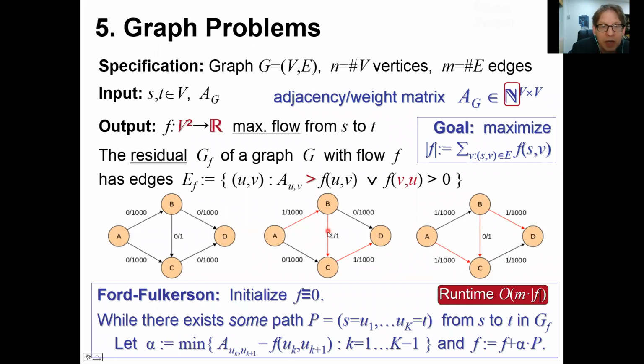So in this example, really the number of iterations of Ford-Fulkerson is proportional to the maximum flow, whose value is 2000, right? We can see that 2000 here, 1000 here, and 1000 here. Okay, so that means that we have not actually overestimated the computational cost of Ford-Fulkerson.